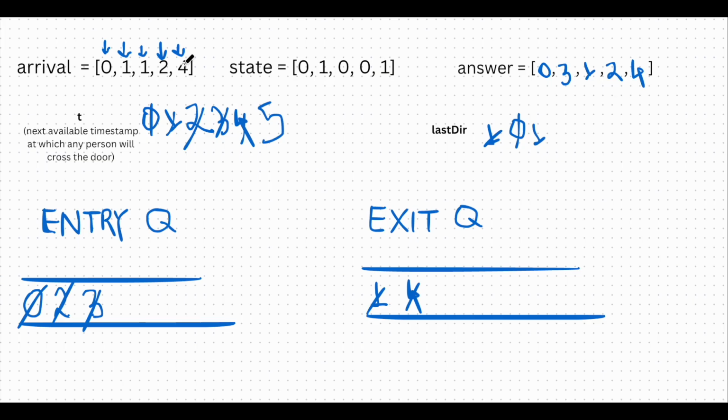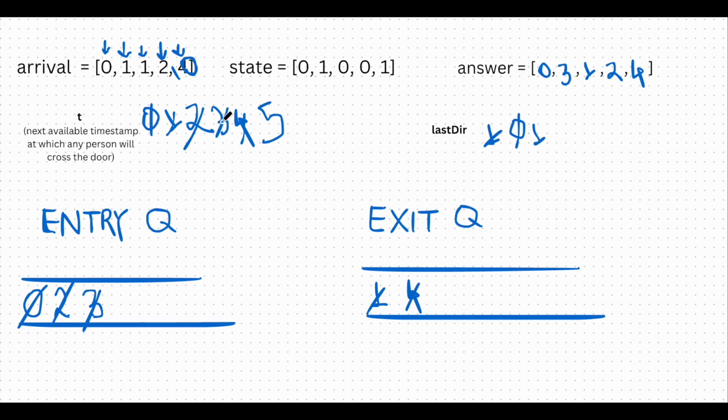For example, instead of 4, if the value was, let's say, 10, right? So if the value is 10, meaning when we are looking at a candidate who will go at 4, and then all the queues have become empty, and the next element is coming at t equals 10.